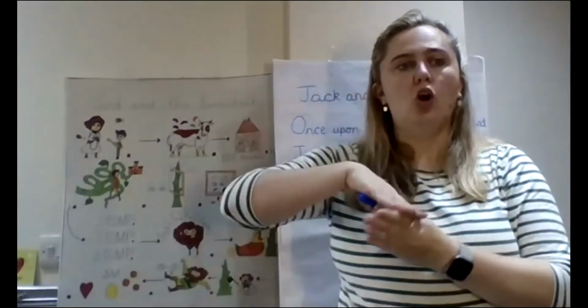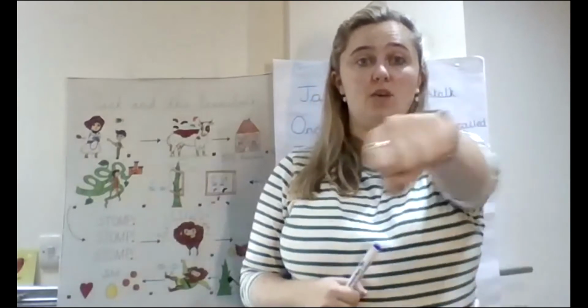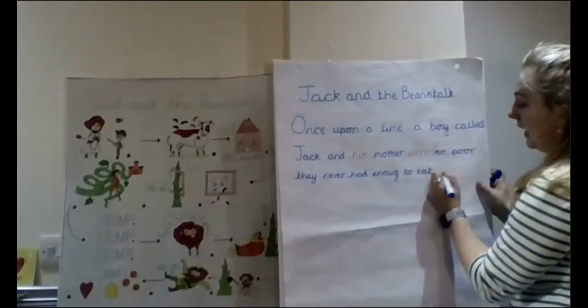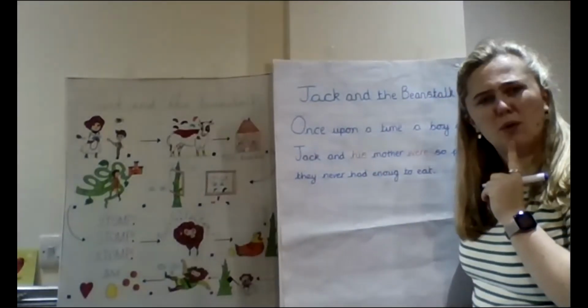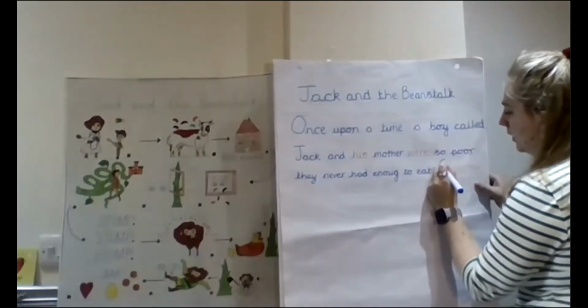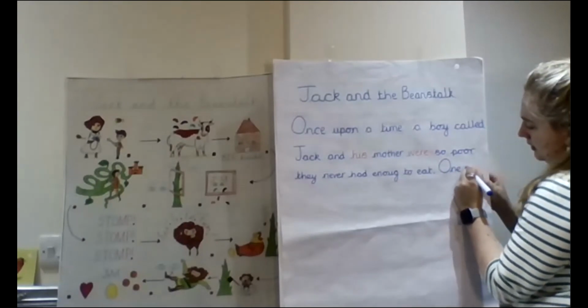One day, comma, Jack sold his cow in exchange for 5 magic beans, full stop. Okay, so one day, it's a new sentence, so we're going to start with what? Capital letter, good. One day. Day.